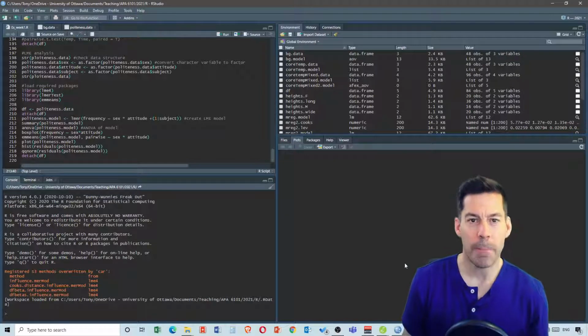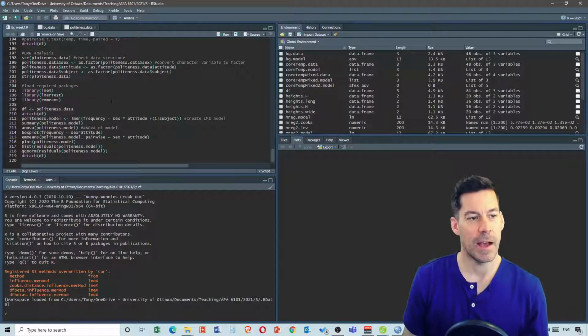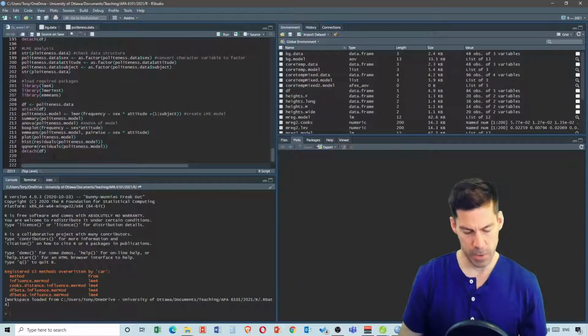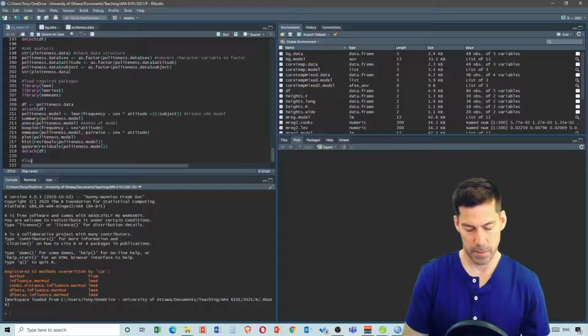So if I open up RStudio, we see I've got my list of commands that we've built up over time so far, and I'm going to create a new set. So I'm going to copy this section, put it down below, and give a header called logistic.